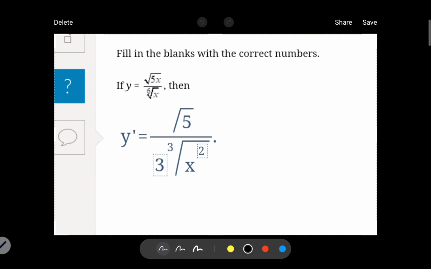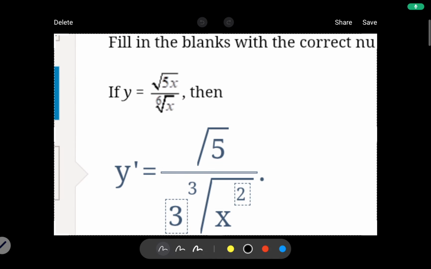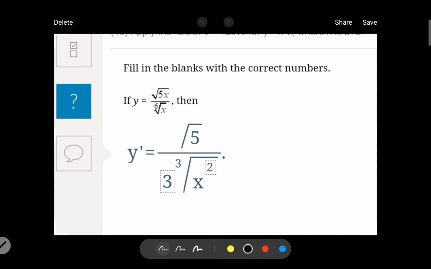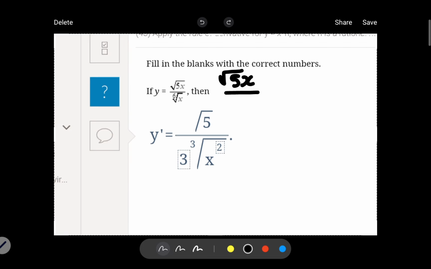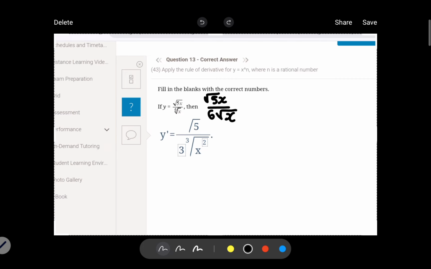Yeah, that's it. Okay, now for this question, they want the derivative. So when they say y and then put an apostrophe, that means they want the derivative. So first thing, for the one up, this is radical 5x.